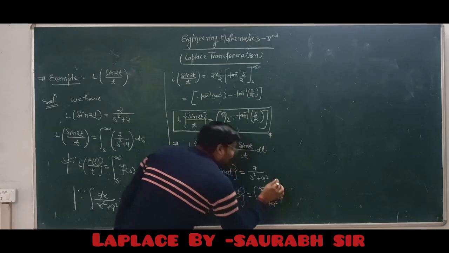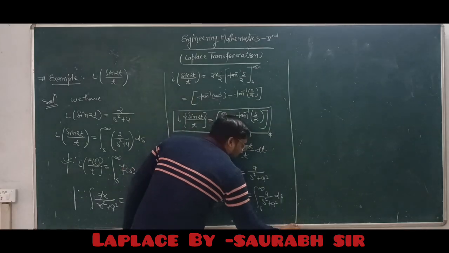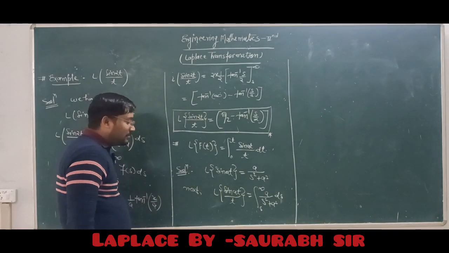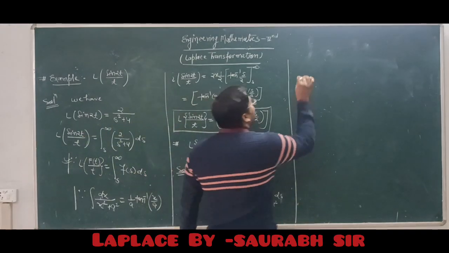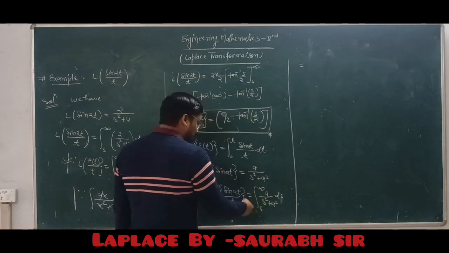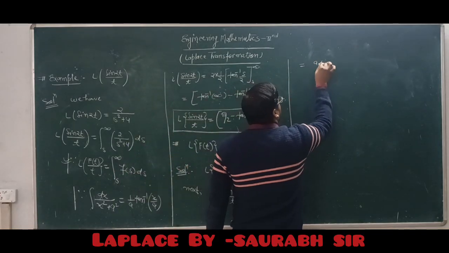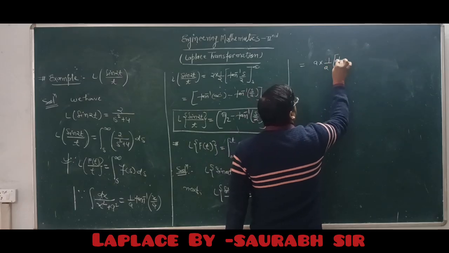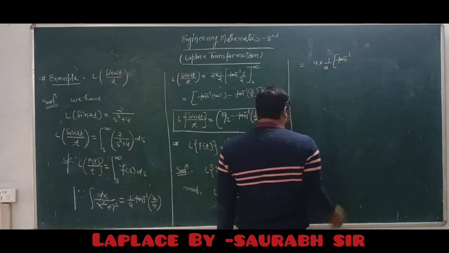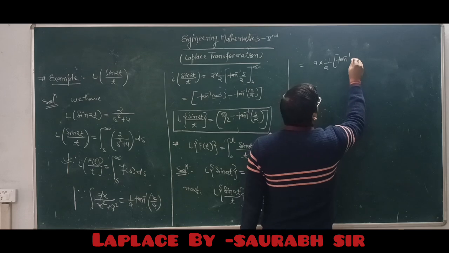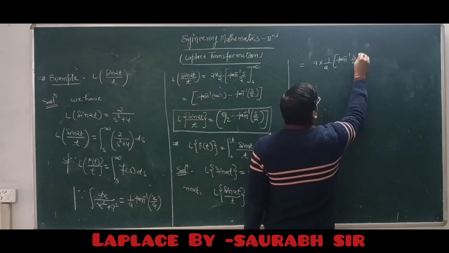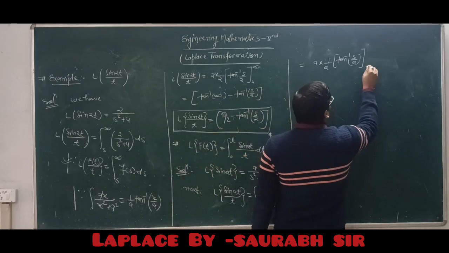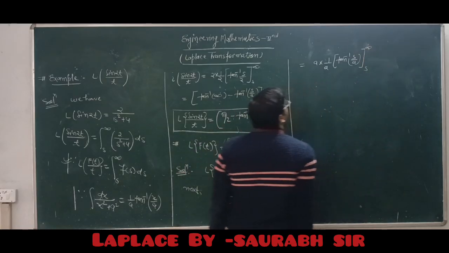To solve this integral, this is a resultant of tan inverse. Now you put this a into 1 by a bracket tan inverse s upon a. Now limit s to infinite.